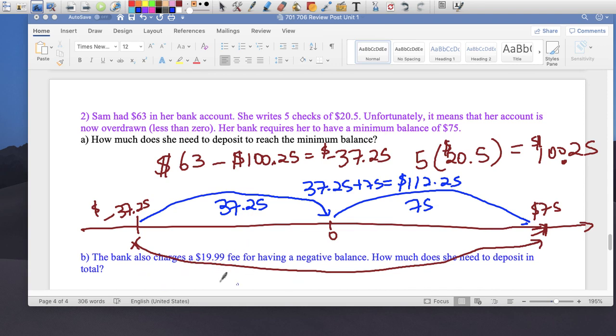And because her account balance went negative, they're also going to charge her a 19.99 fee, a penalty. So she has to deposit all that money plus pay a fine of $19.99. That's going to give us $132.24.